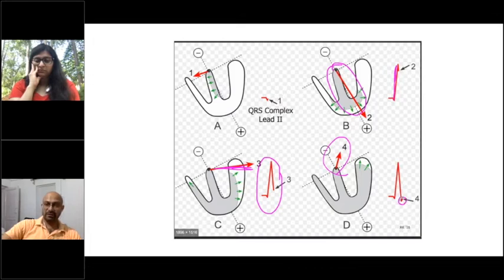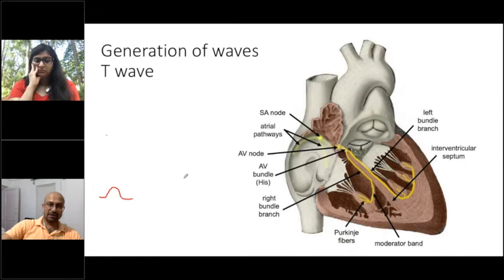So if we again look at the animation of how this moves, as the vectors are forming and as the current is flowing into the Purkinje system, this is practically what you will be recording on this side on the ECG last.